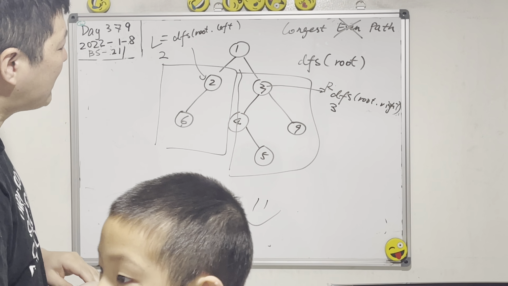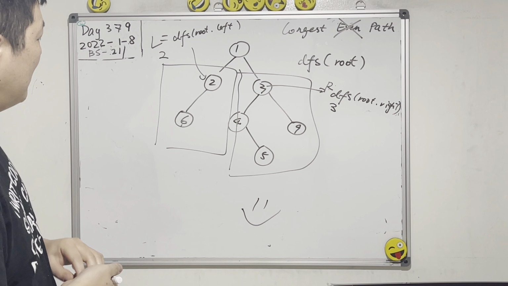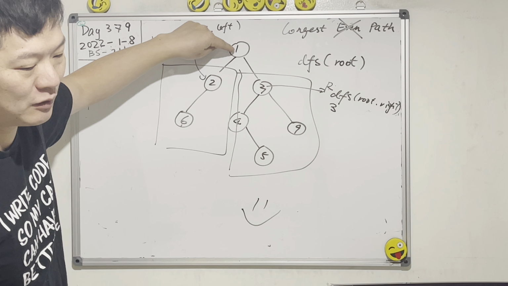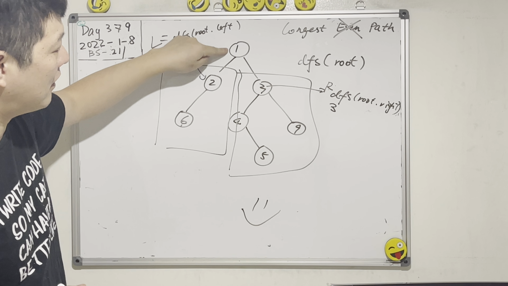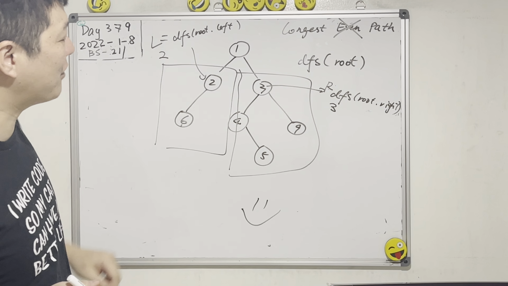So what's the longest path passing through the root 1 here?